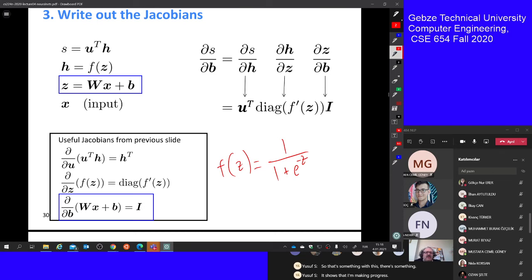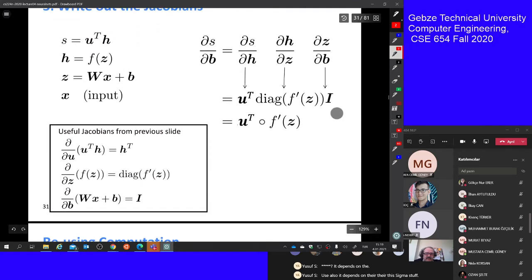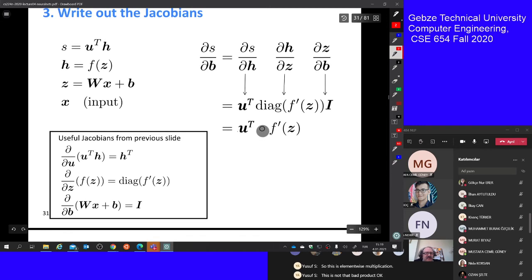Okay, so if I am changing the b's a little bit, what happens to s's? It depends on the u's. Also, it depends on this sigmoid stuff. Okay, good. So this is element-wise multiplication. This is not dot product. Okay, this is element-wise multiplication.